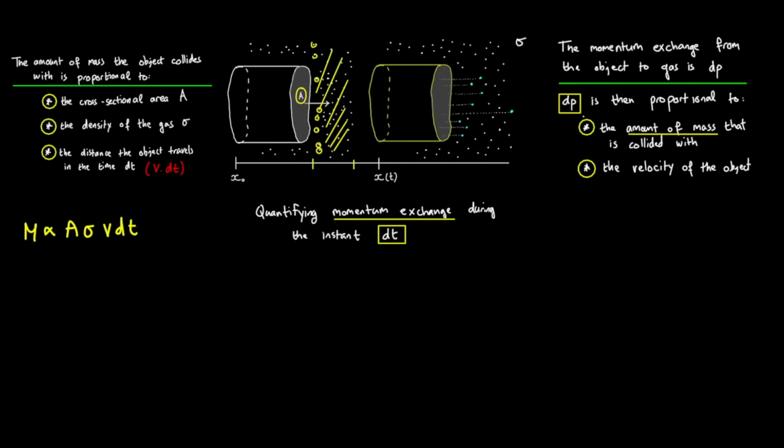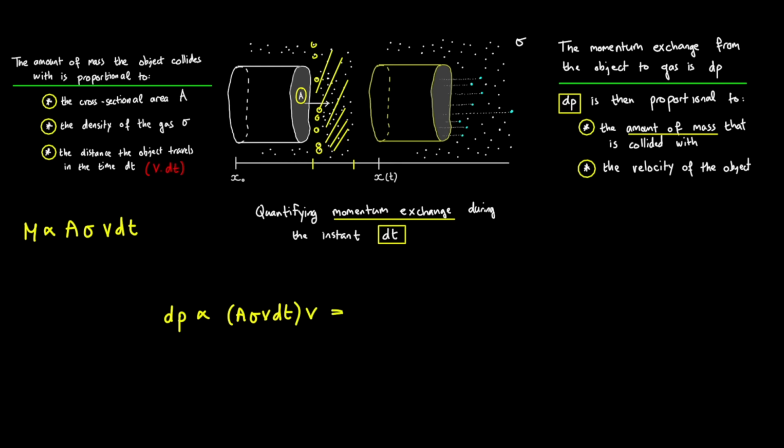So the momentum exchange here, if we have to try and say what is the momentum exchange proportional to, well, we said the amount of mass that is collided with and the velocity of the object. So here's the amount of mass, and here's the velocity of the object.